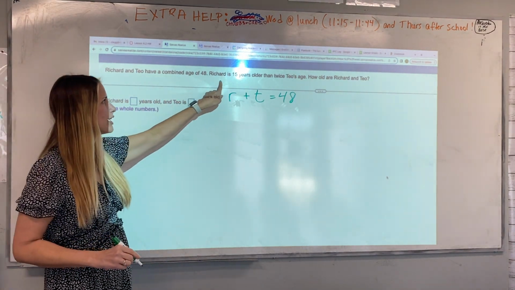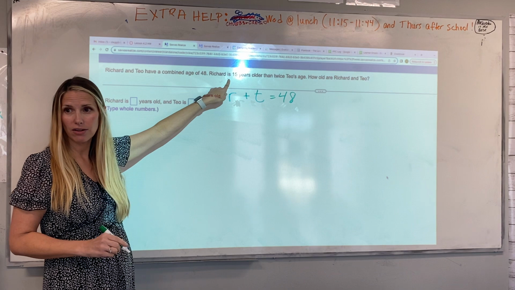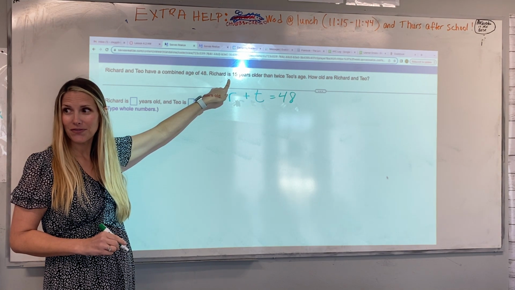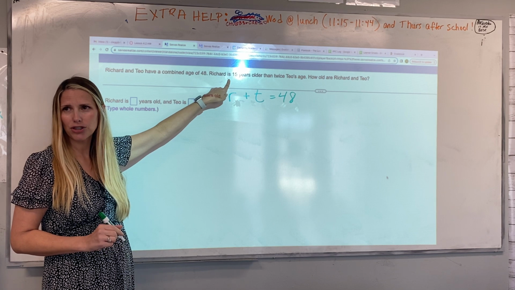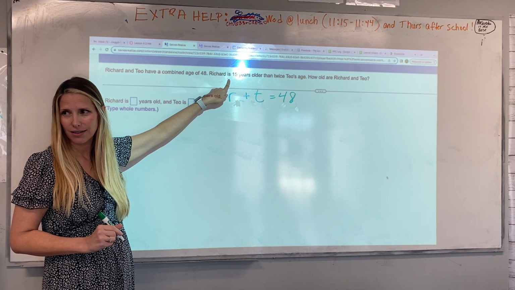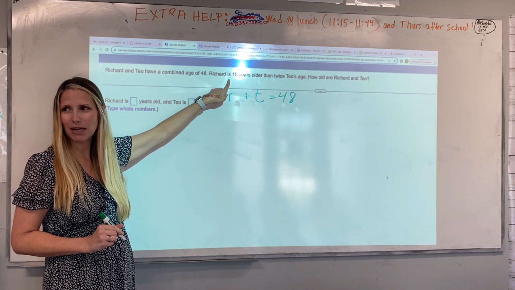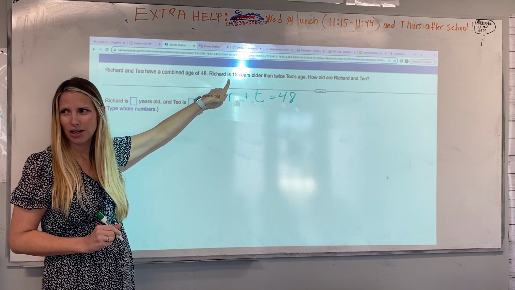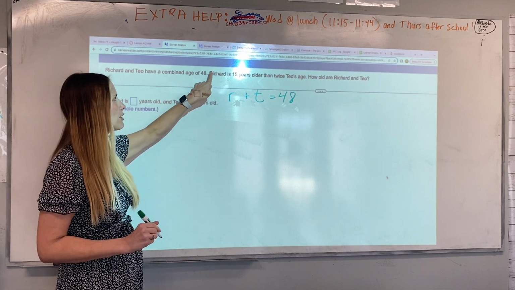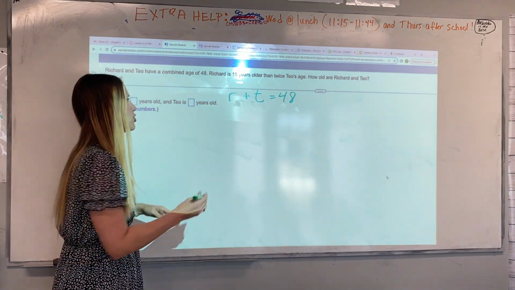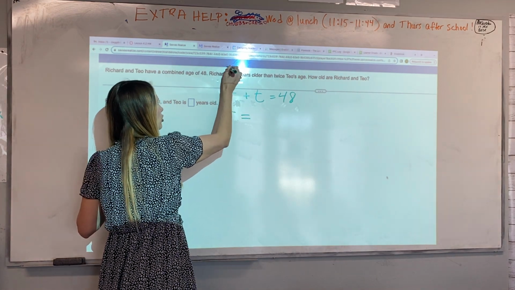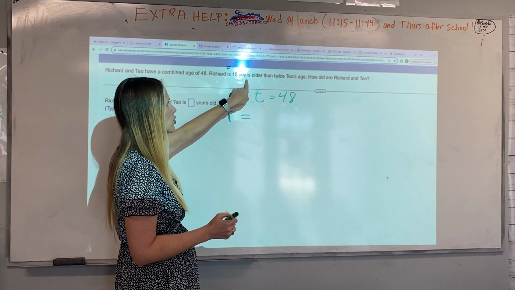Then it says Richard is, do you guys know what is means? If I say 3 plus 2 is 5, what does is mean in the math? A math symbol. Equal. So if I say Richard is, then it's Richard equals 15 years older.